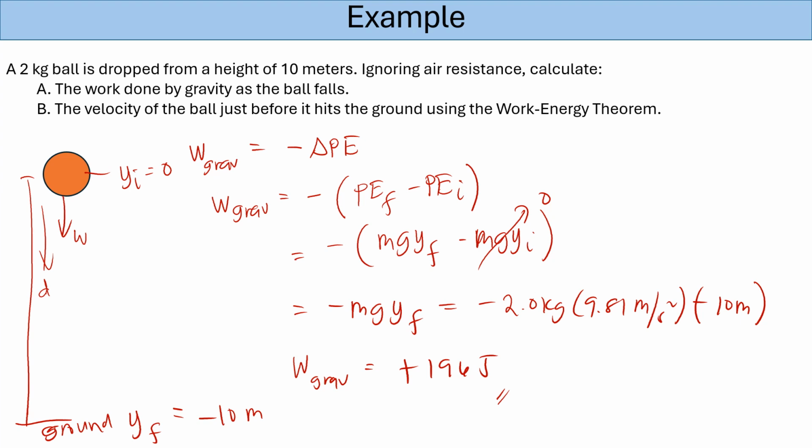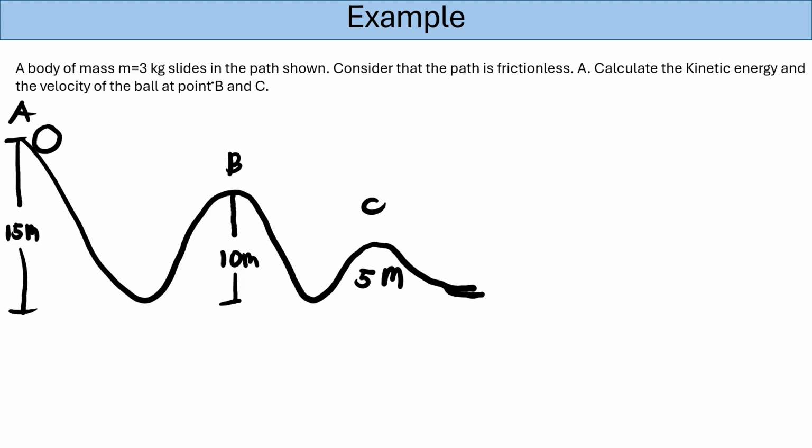Okay, so that will be an application of the work energy theorem in this case. So we'll have another example. Let's consider this example here. We're going to apply the energy conservation formula.